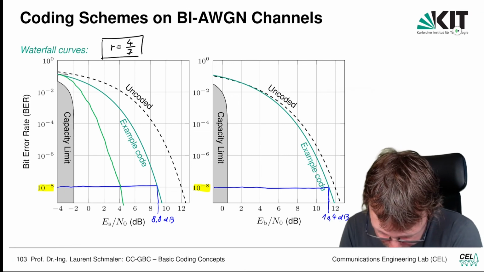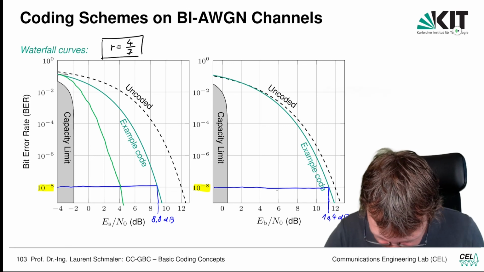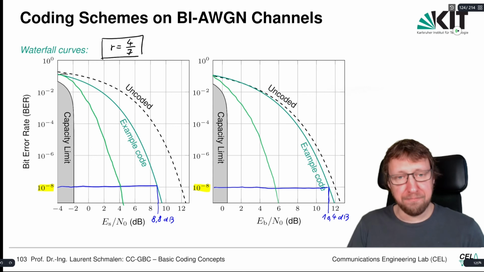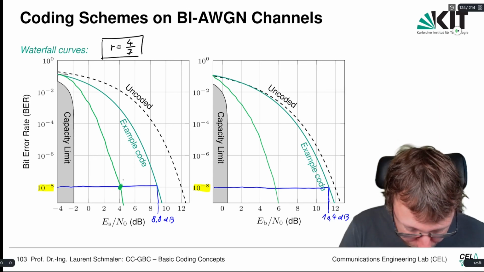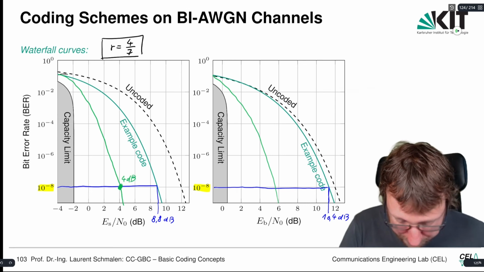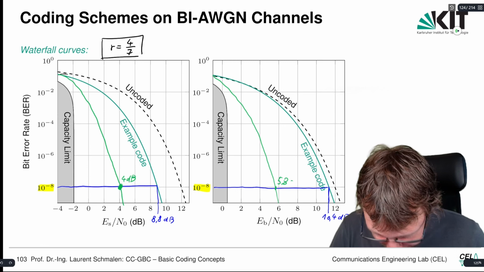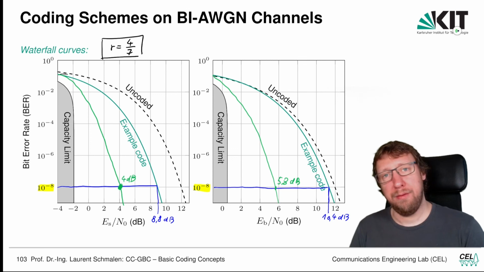So this is 4. I need to come backwards a little bit. So it should look like this. So this is a code where we are at 4 dB Es over N0, and here we are at 5.8 dB roughly. So this is a code that we can insert on the spectral efficiency chart.